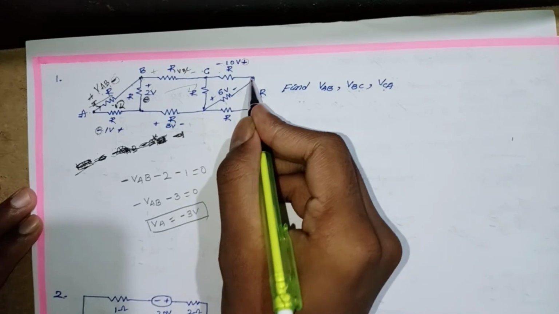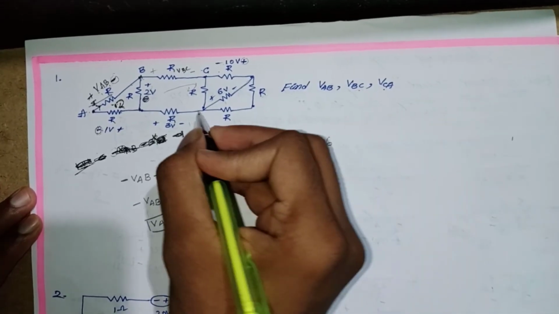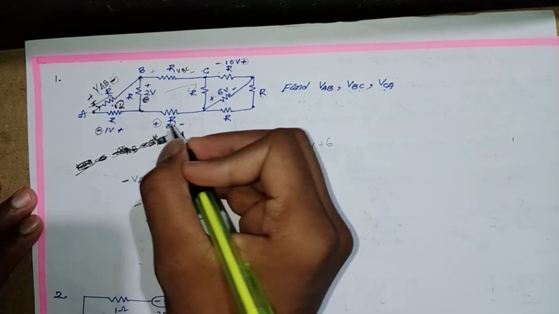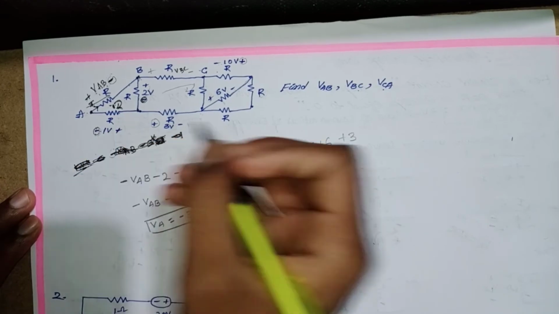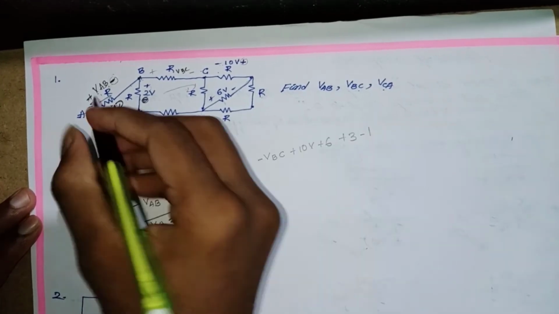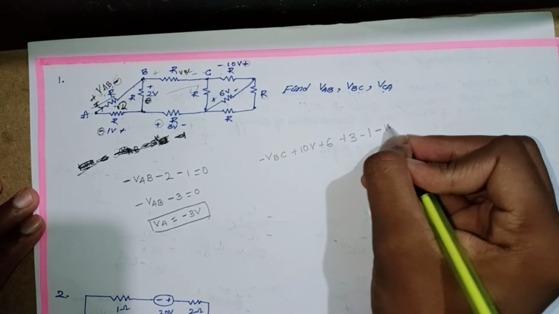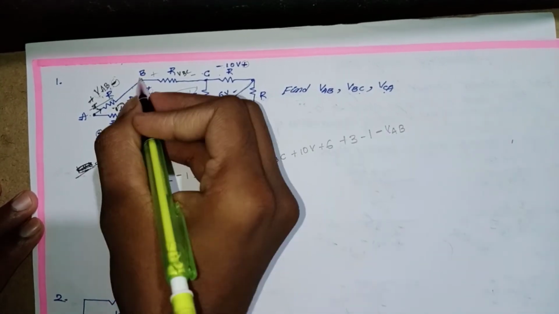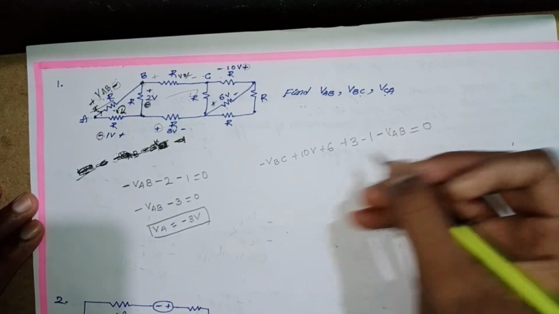Then the leaving sign is positive, plus 6, then plus 3, then minus 1, then minus VAB, equal to 0.